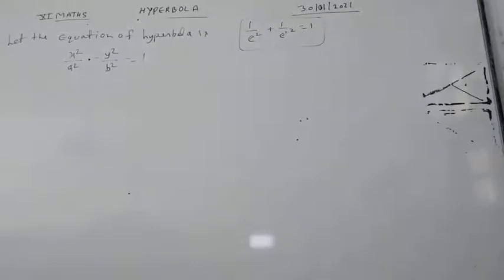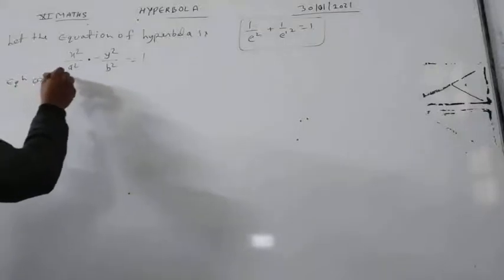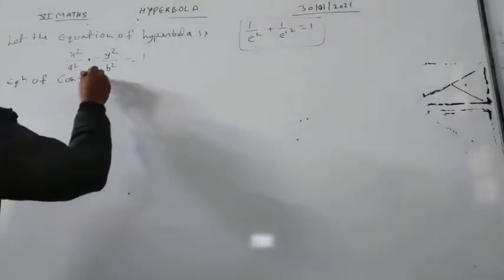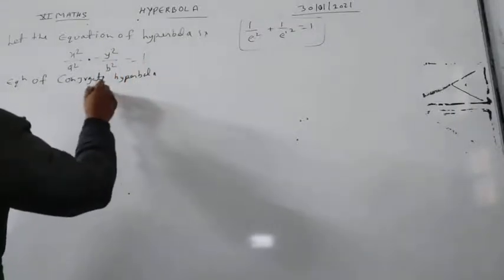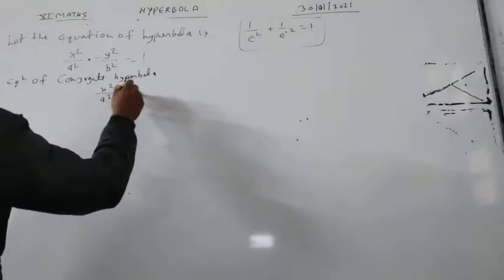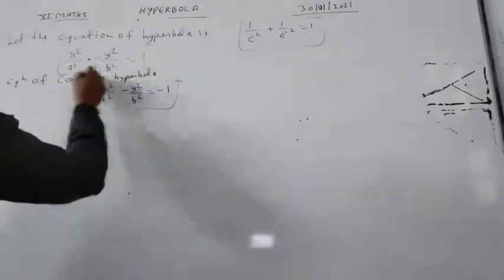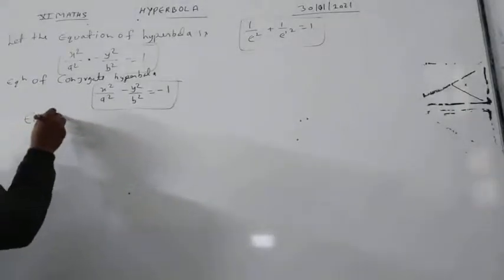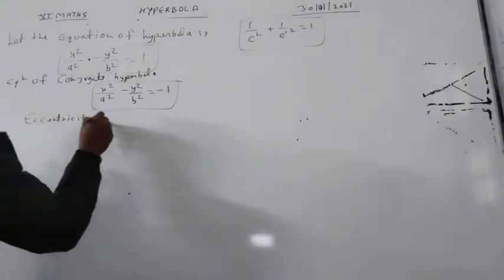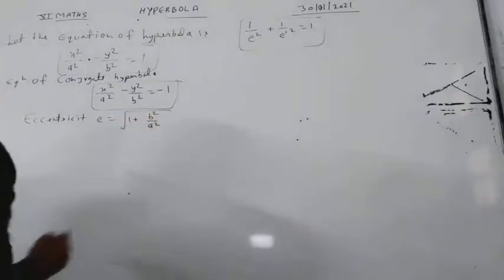Okay student, and equation of conjugate hyperbola is x square by a square minus y square by b square is equal to minus 1. Okay students, so we are supposing these two equations, and you know the eccentricity E is under root 1 plus b square by a square.